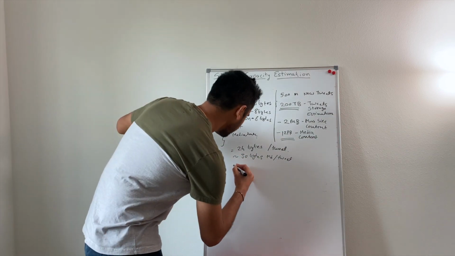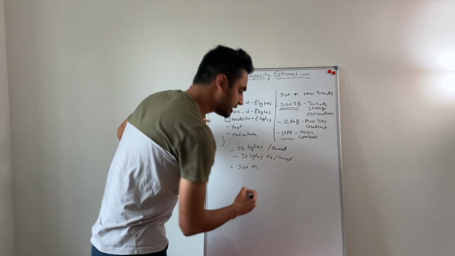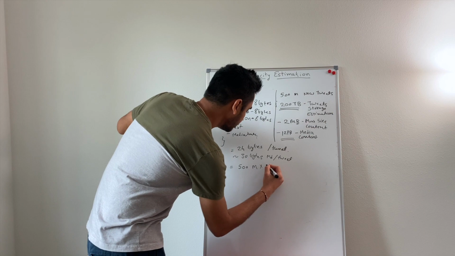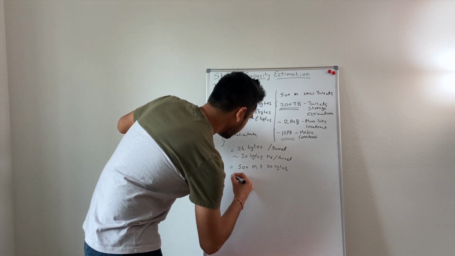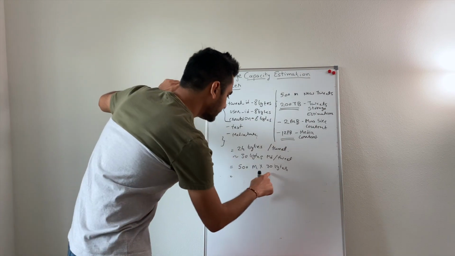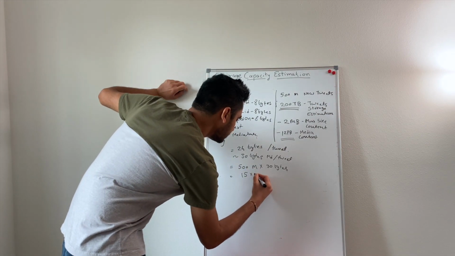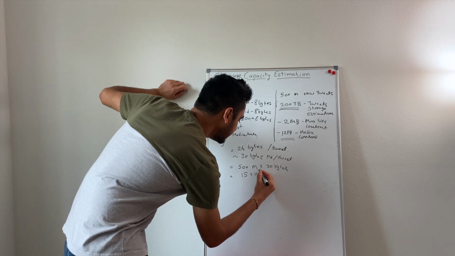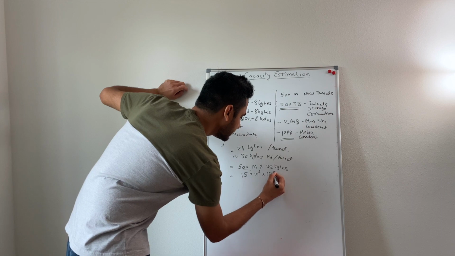And the same way, we are going to calculate that we will have 500 million tweets per day into 30 bytes, right? So what we are going to do is 5 into 3, 15 into 10 raised to 3, these three numbers, and then million is 10 raised to 6.